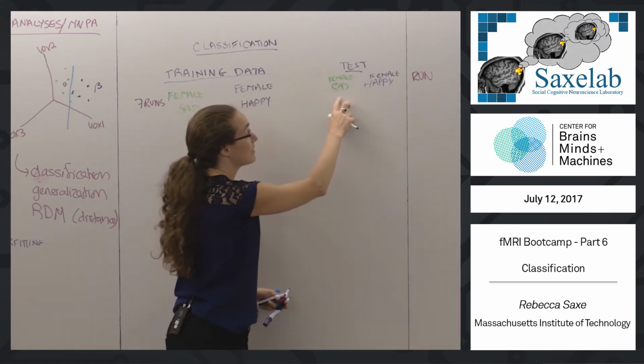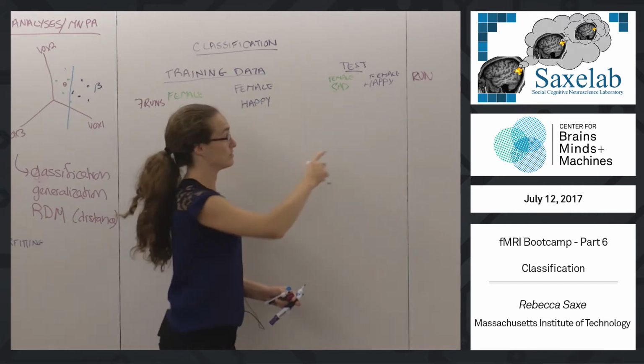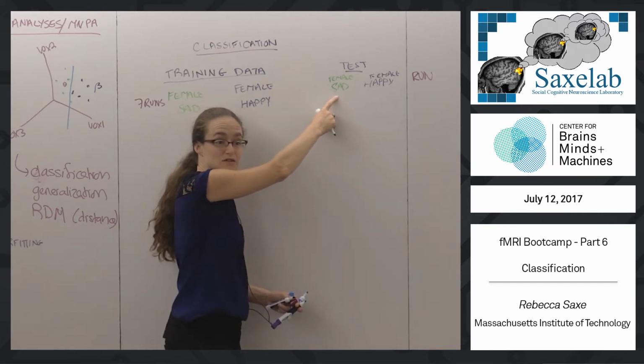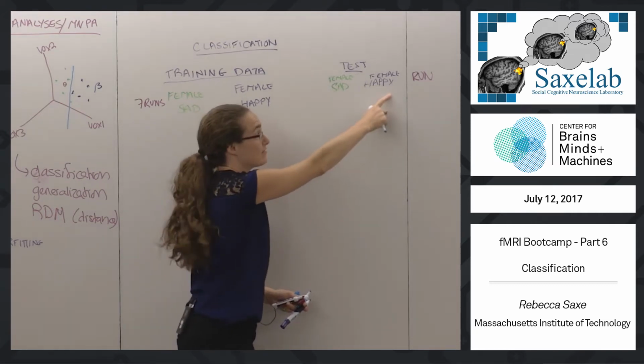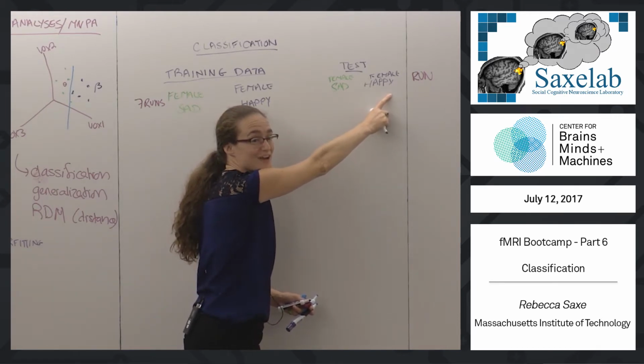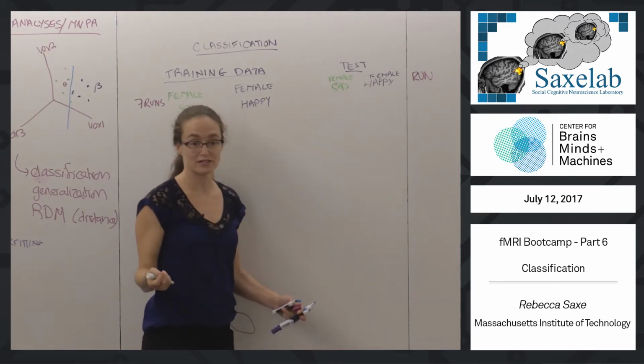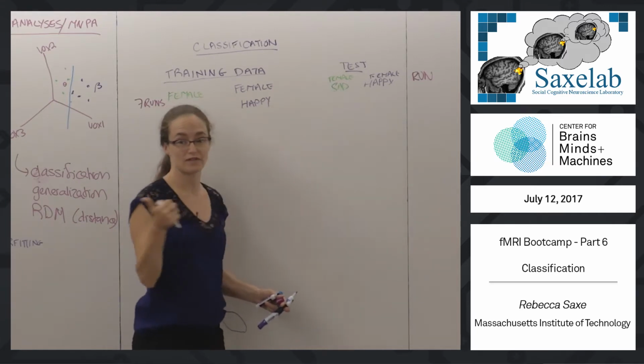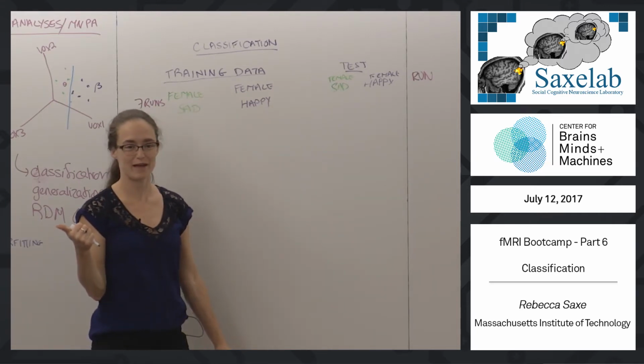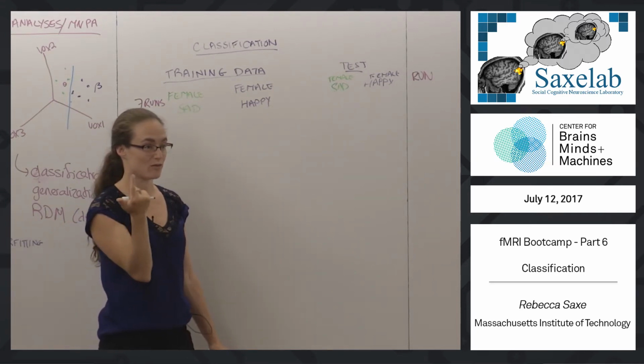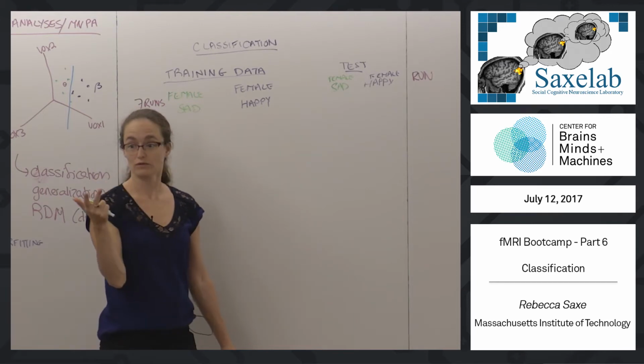So we'll often get 2 answers. We give it the female sad data and say, do you say sad or happy? We give it the female happy data and say, do you say sad or happy? So you can get an accuracy score in that iteration of 0, you got it wrong both times; 1, you got one of them right, one of them wrong; or 2, you got them both right.